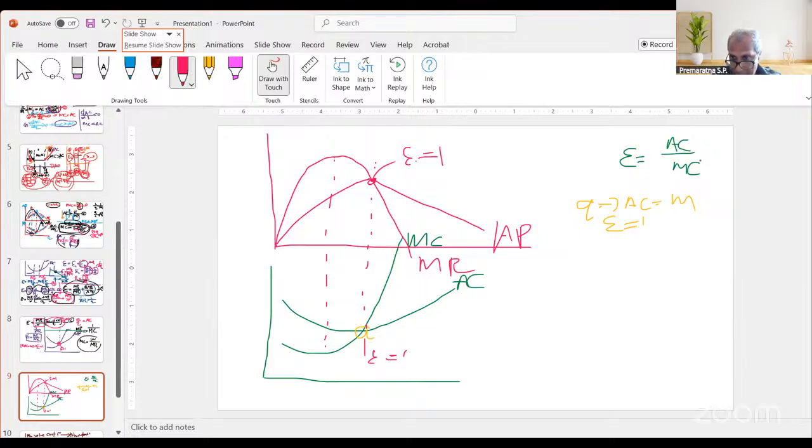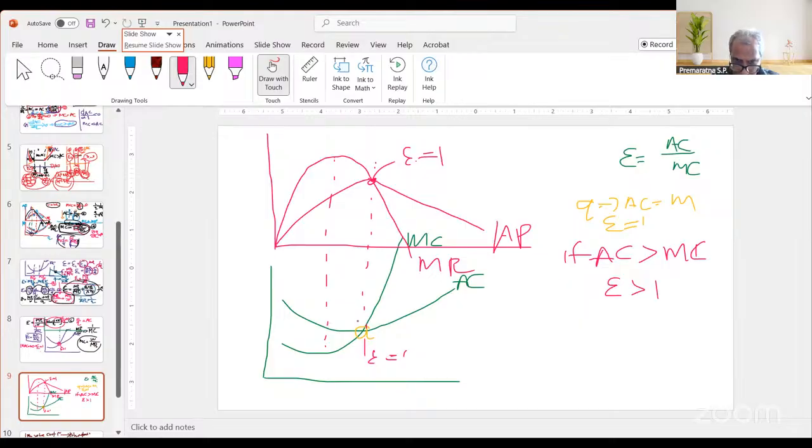Now here, look at if average cost is greater than the marginal cost. The elasticity, where the numerator is greater, must be greater than 1.